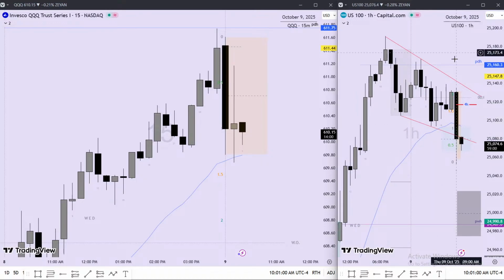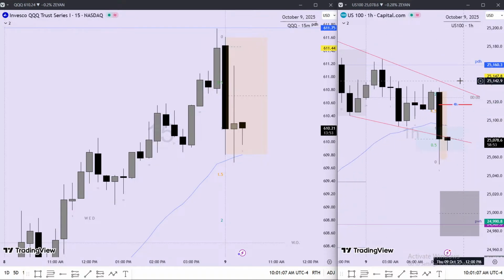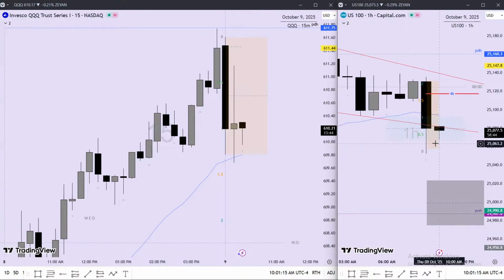This is clearly a three-legged pullback. It can easily bounce back up, but I'm still waiting for my scalp to form, so I'm not biased. I'm not really biased to either side because I'm scalping.